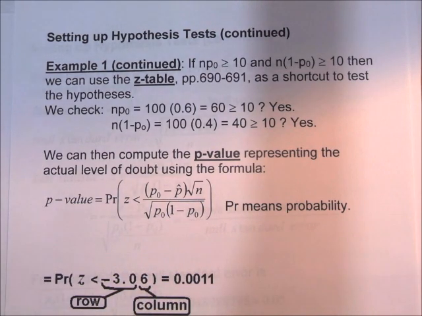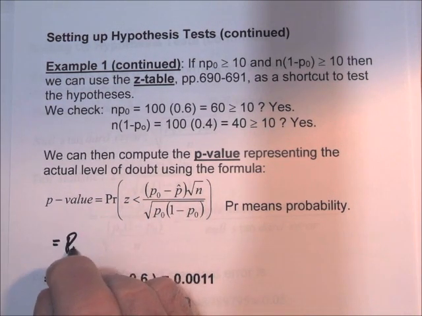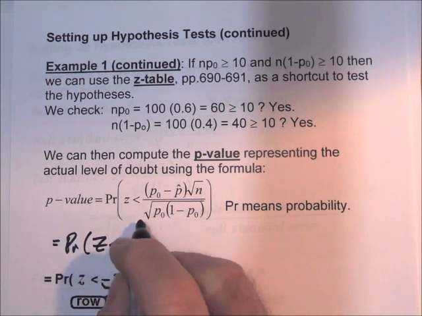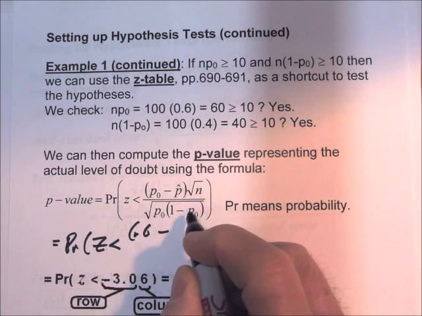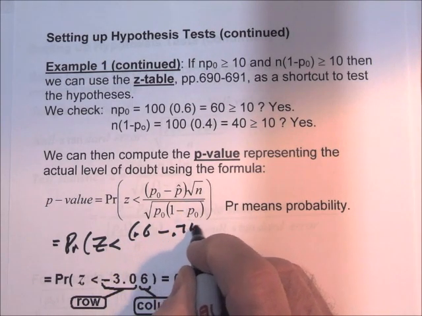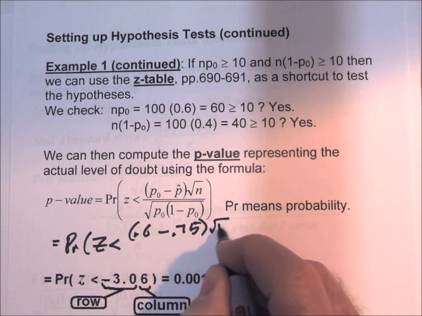So if we plug in the numbers, p0 is 0.6. P hat is 0.75. N was 100.